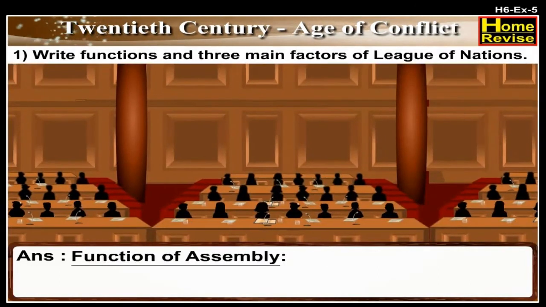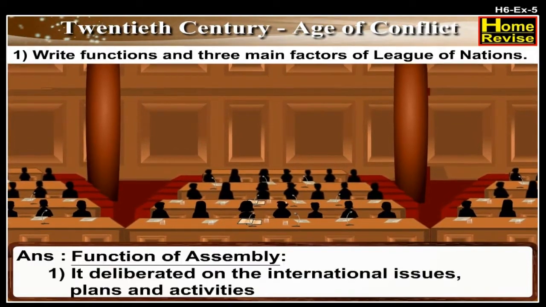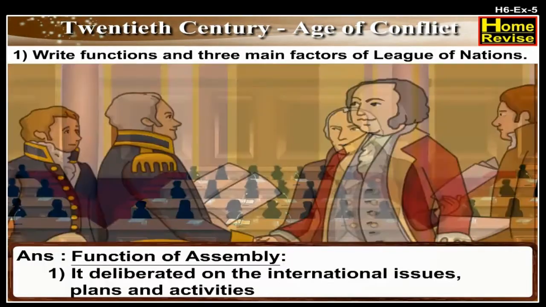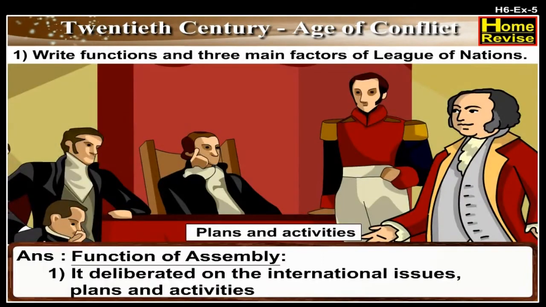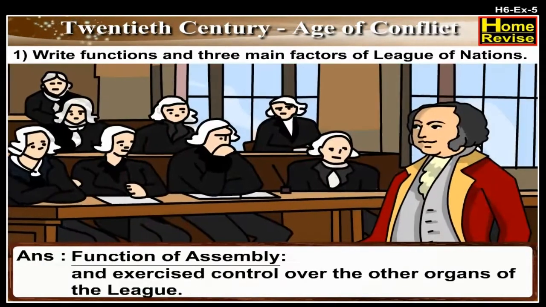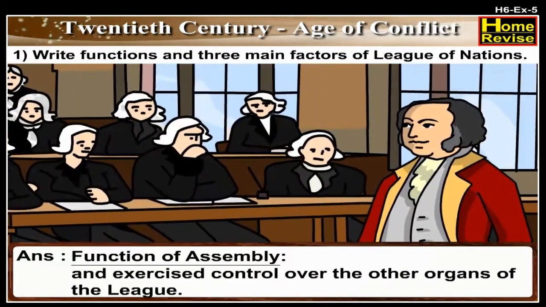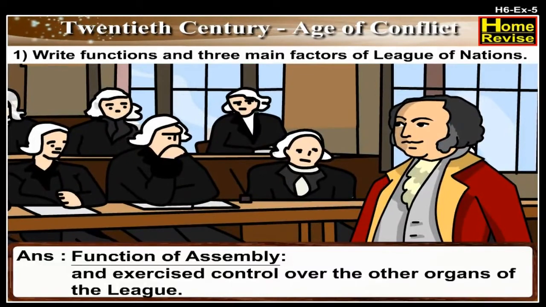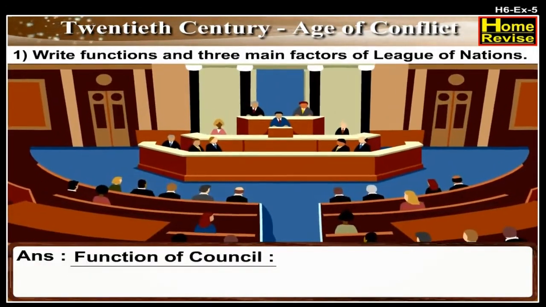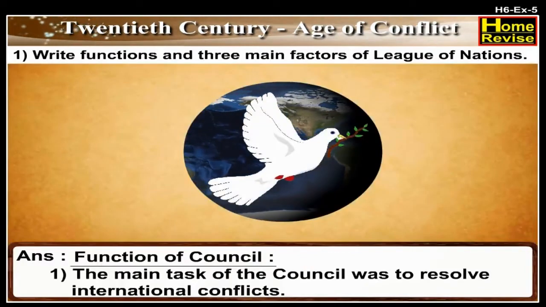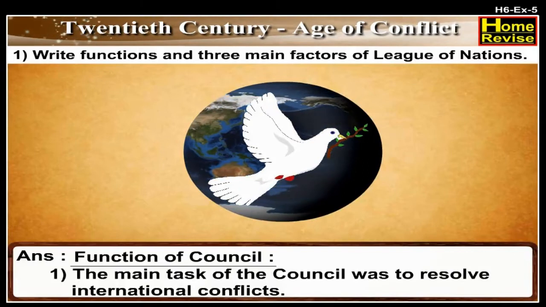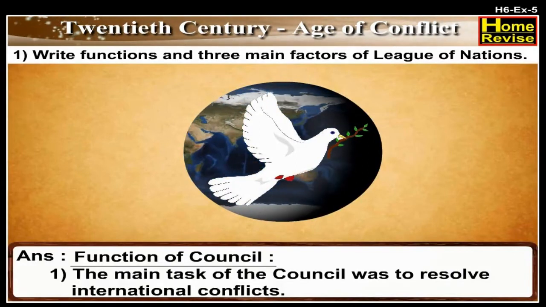Function of Assembly. 1. It deliberated on the international issues, plans and activities and exercised control over the other organs of the League. Function of Council. 1. The main task of the Council was to resolve international conflicts.